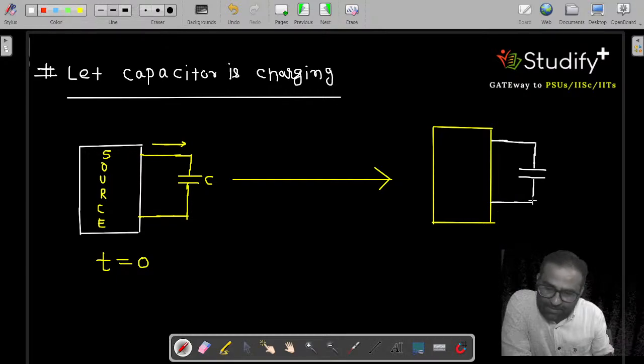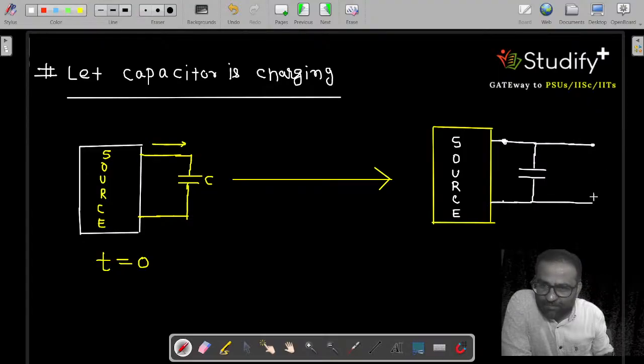Let's say this is the capacitor, and we are calling the voltage across the capacitor, with the same source, V of infinity.